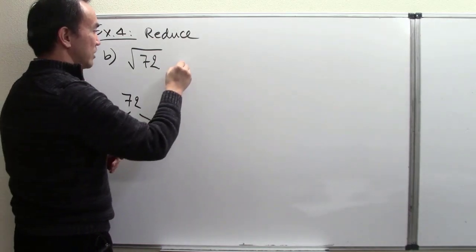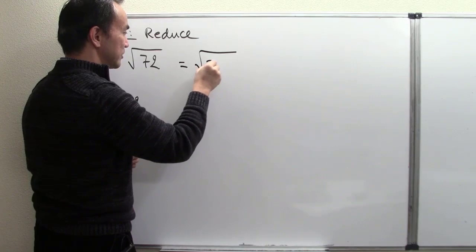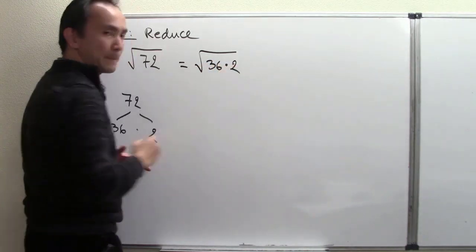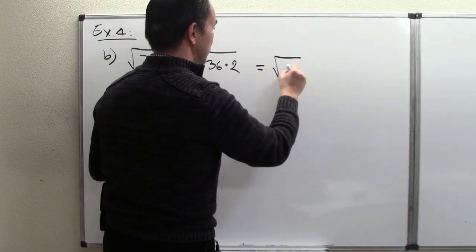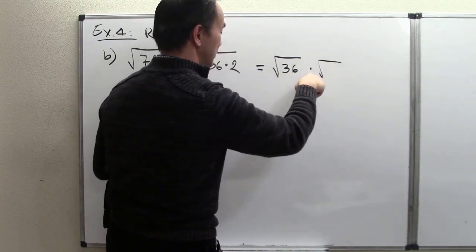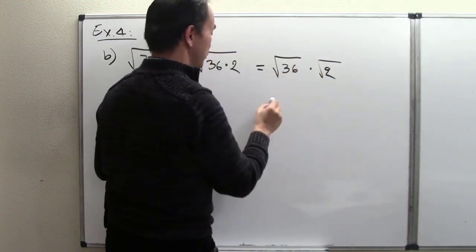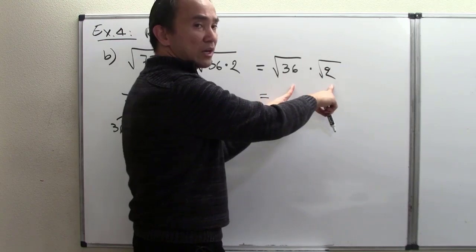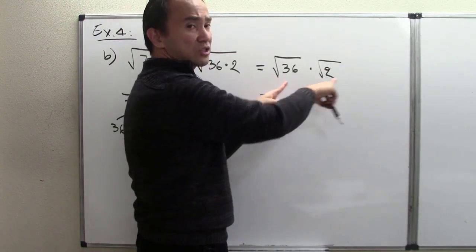And so now I can rewrite the square root of 72 as the square root of the product between 36 and 2. The product property allows me to work with the problem as a product of two separate square roots: the square root of 36 times the square root of 2. Order of operations tells us we should calculate these two square roots first.